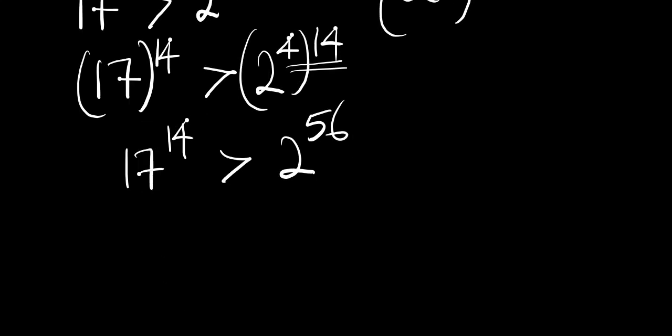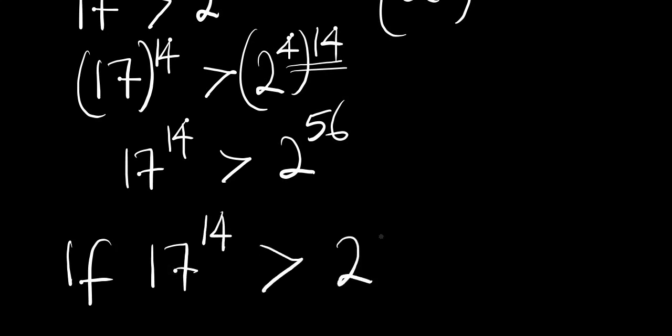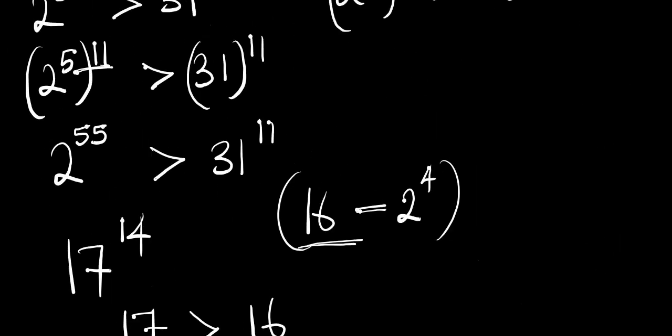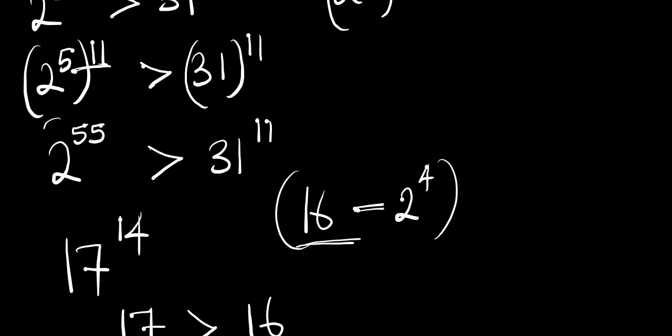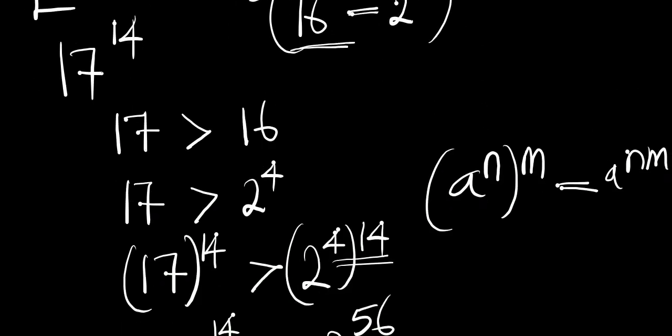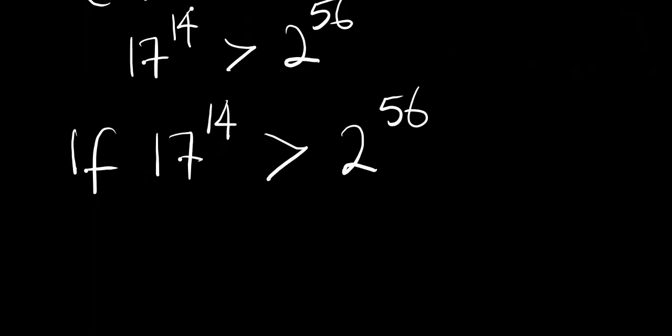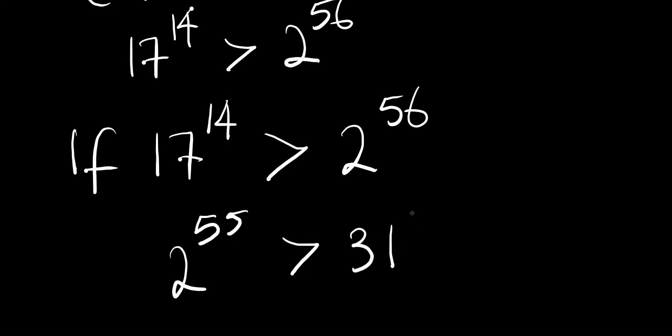Let me make a space. If 17 to the power of 14 is greater than 2 to the power of 56, and let's get back to what we got here, 2 to the power of 55 is greater than 31 to the power of 11.